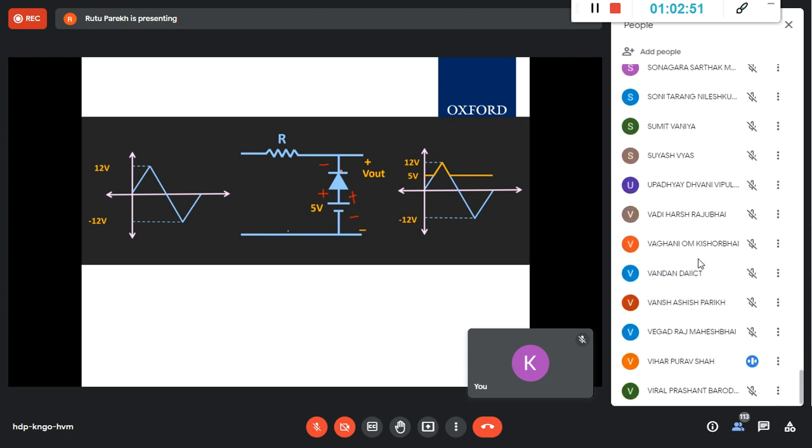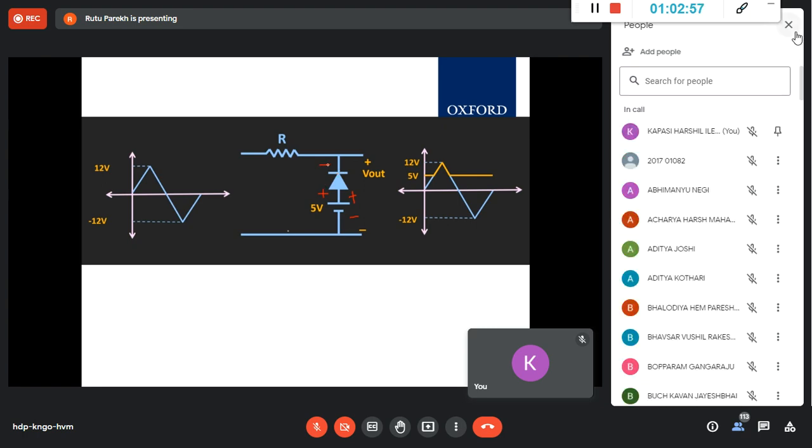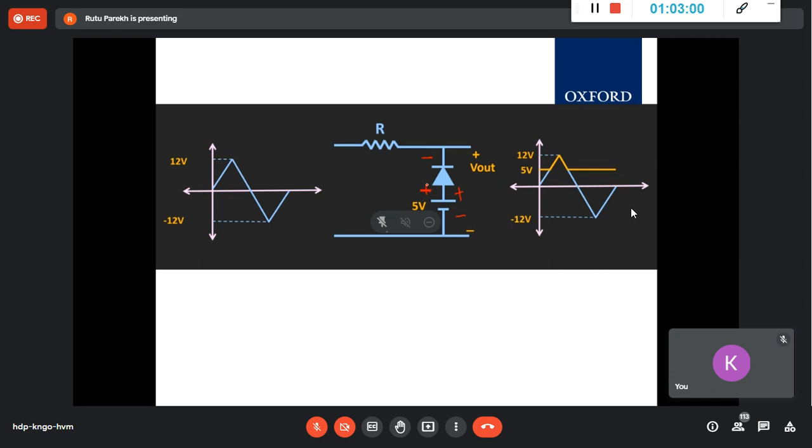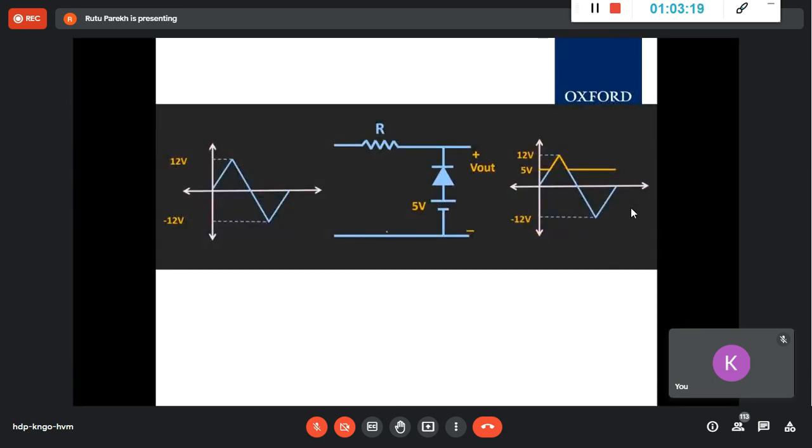Ma'am, here in forward condition, this diode will be in... One second. See, this is negative and this is positive. See, when this is reverse biased, let's say, then this whole segment is not there. Only when it is forward biased, that plus 5 volt will come into this. Ma'am, I was saying when it will be in forward bias, this will be short circuited, so 5 volt will be there.